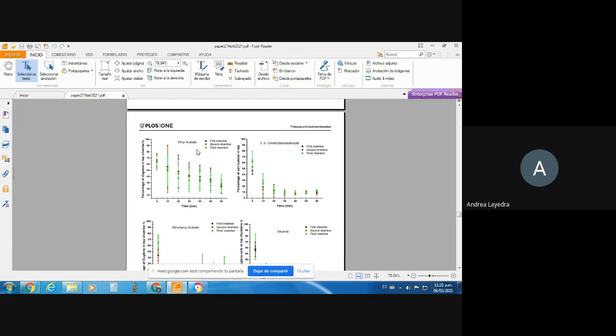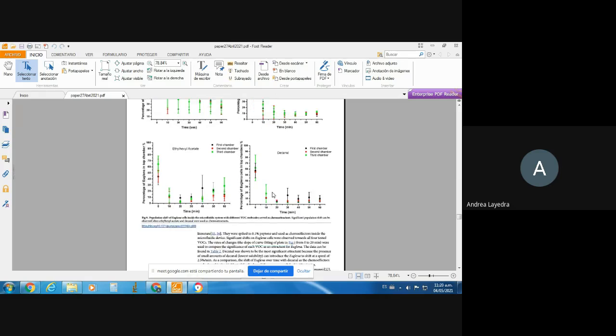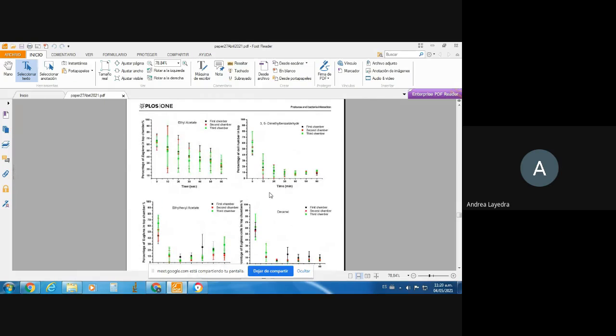Among the 4 VOCs studied, the canal showed the most significant influence to attract Euglena.